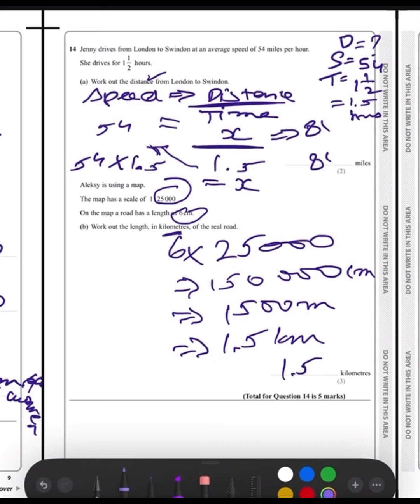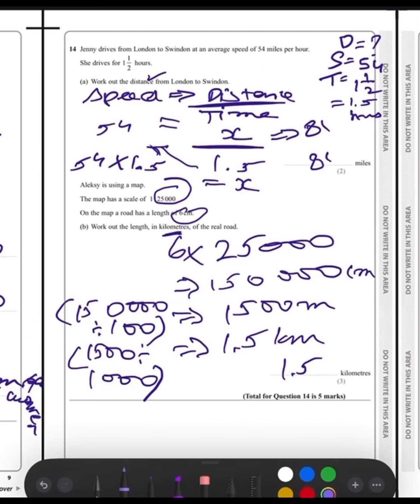To convert, a very simple rule: for centimeters into meters, we did 150,000 divided by 100. And for the next step, to convert it into kilometers, we did 1500 divided by 1000. Simple. And that's how you would get 1.5.